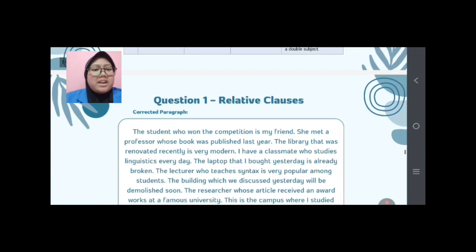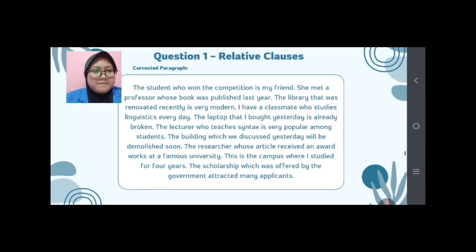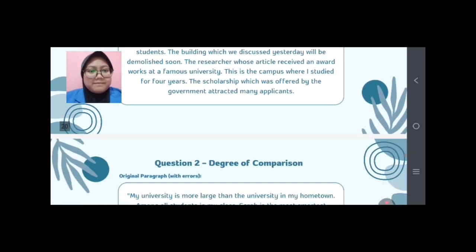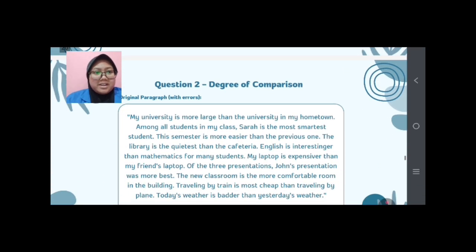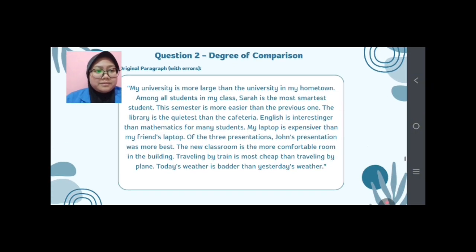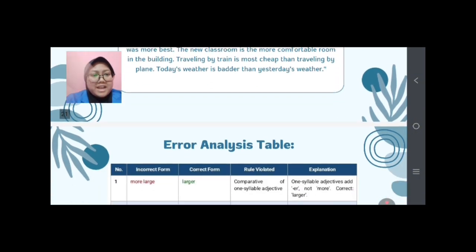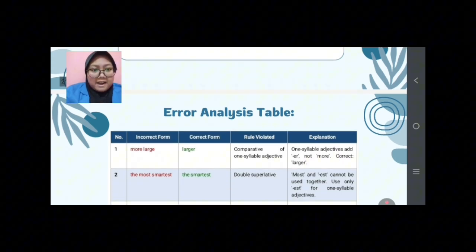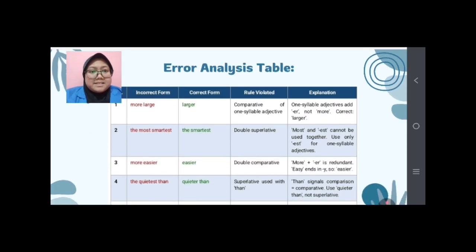And this is the correct paragraph. Okay. Question 2, degree comparison. This is the original paragraph with errors. We analyze. More large, correct form is larger. Comparative of one-syllable adjective: one-syllable adjectives add -er, not more.